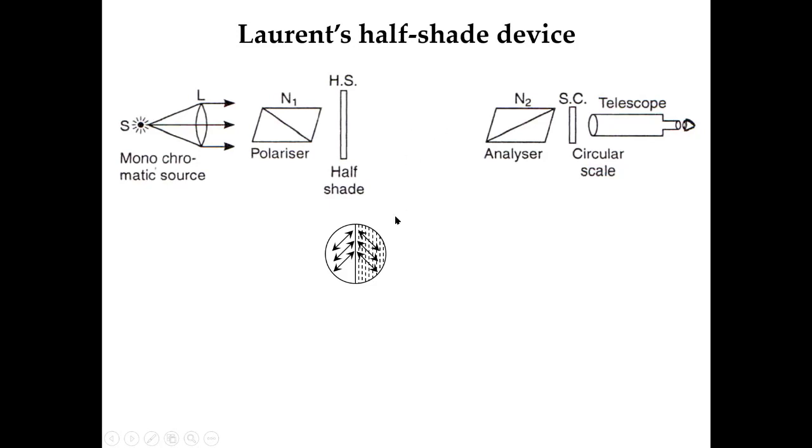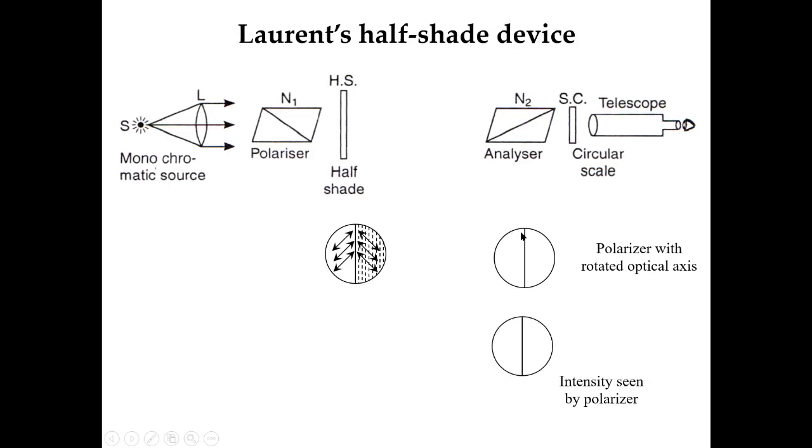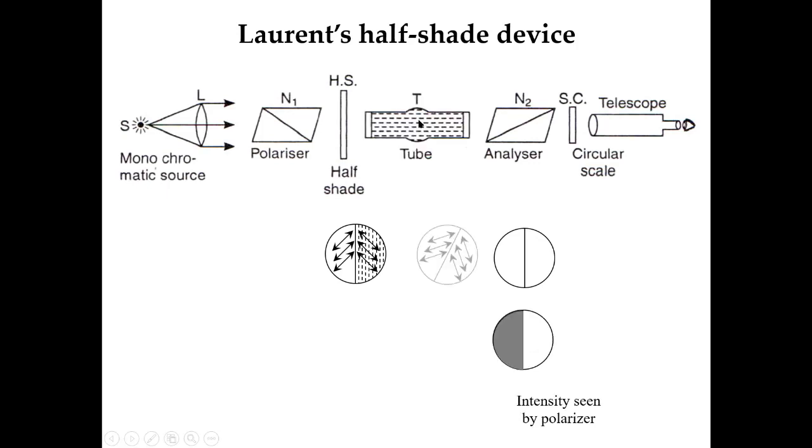So, the light would pass through the half-shade plate, and when this analyzer would see these light rays, the intensity of both the parts of the half-shade plate would appear with the same intensity. Now, the tube filled with optically active material is placed in the path of the light.